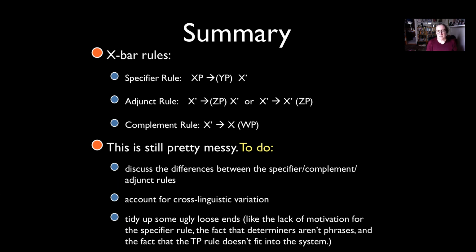And then we'll tidy up some ugly loose ends, like the lack of motivation for the specifier rule. Why do we do that? The fact that determiners aren't phrases. Why aren't determiners phrases, right? We go through that motion of adverb and adjective phrases. We've been doing that from the beginning, but we haven't been doing it for determiners. So we'll talk more about that in the next chapter. And the fact that we haven't talked at all about how the TP rule fits into this system, right?